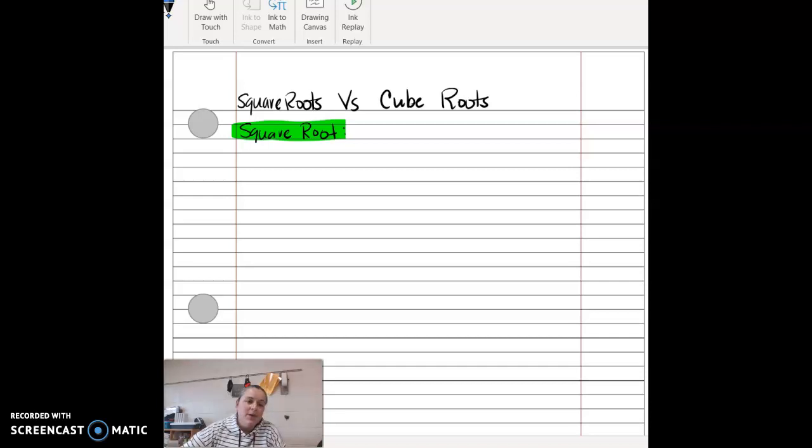Okay, square roots are used to find the side lengths of a square when given the area.